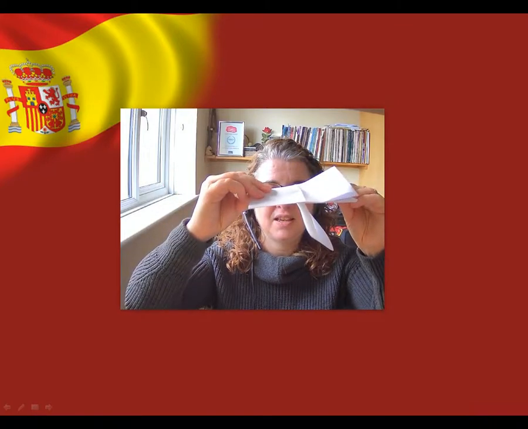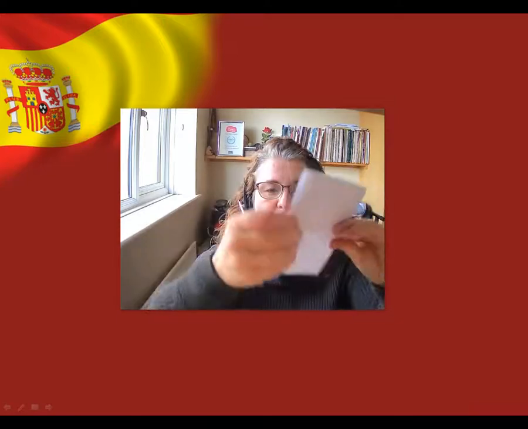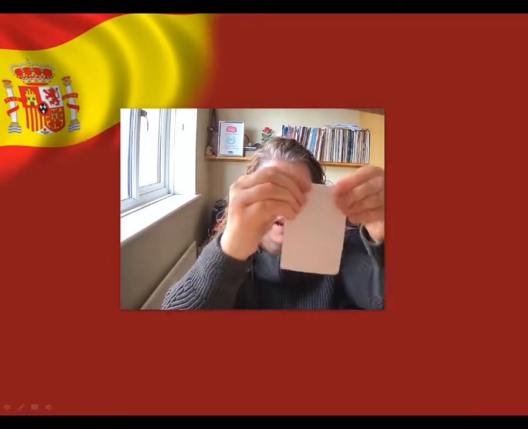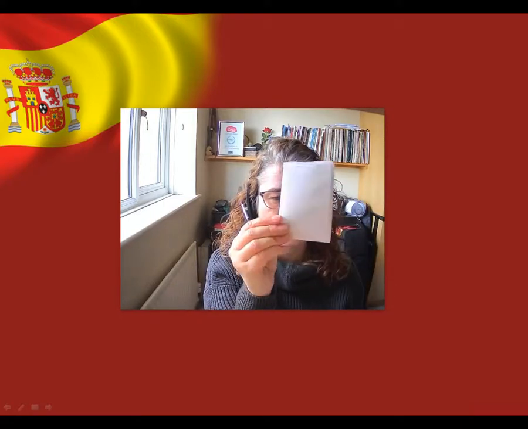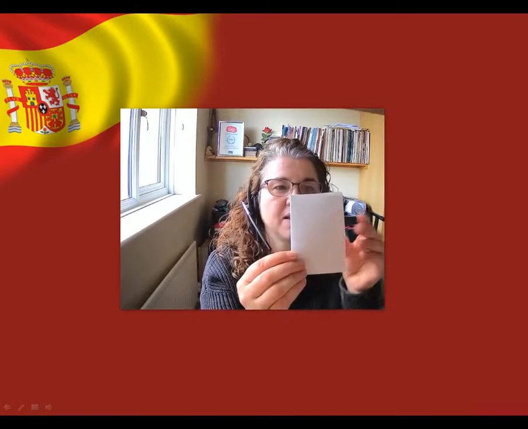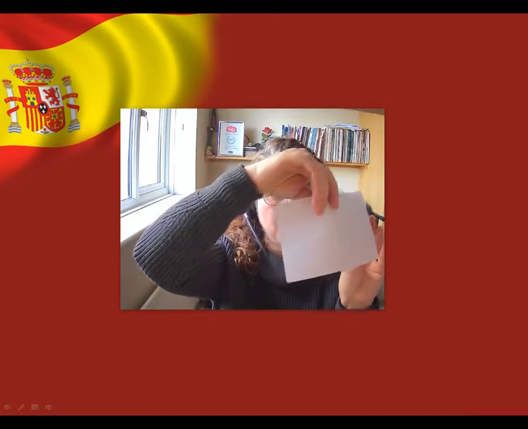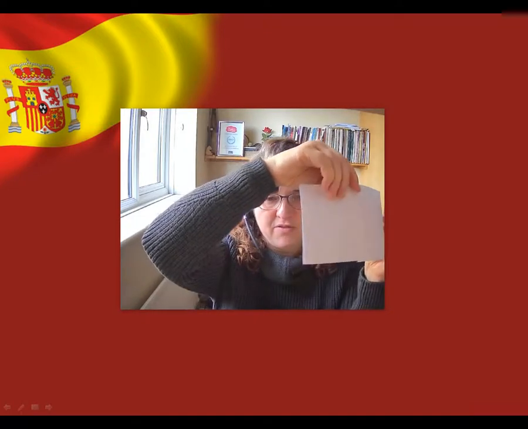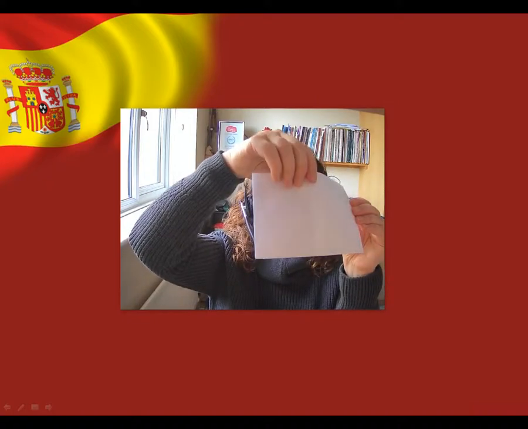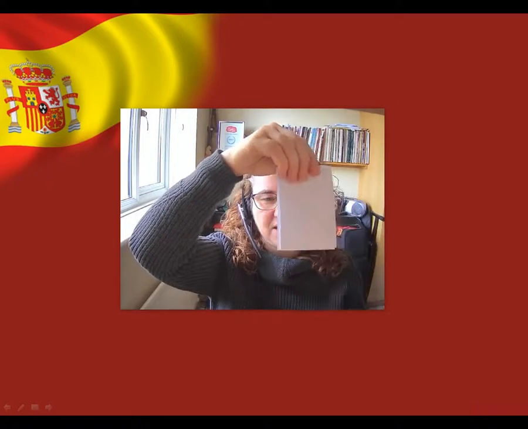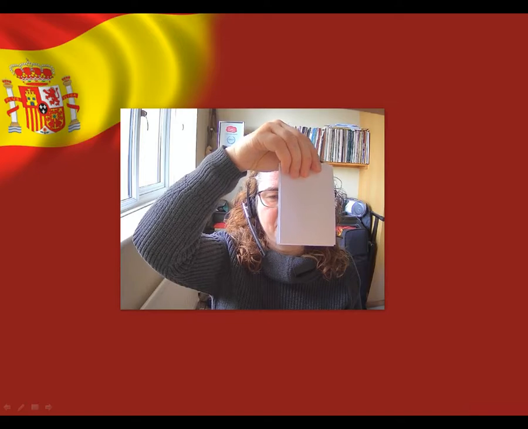Push it. Fold it round. And now it's a little book. So there's my cover. I've got 1, 2, 3, 4, 5, 6 pages, and there's the back cover. If you didn't keep up with the instructions, remember you can always rewind and pause it when you need to.